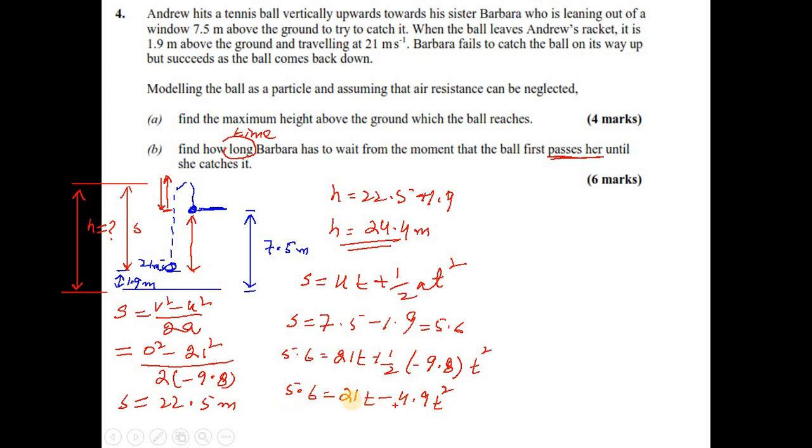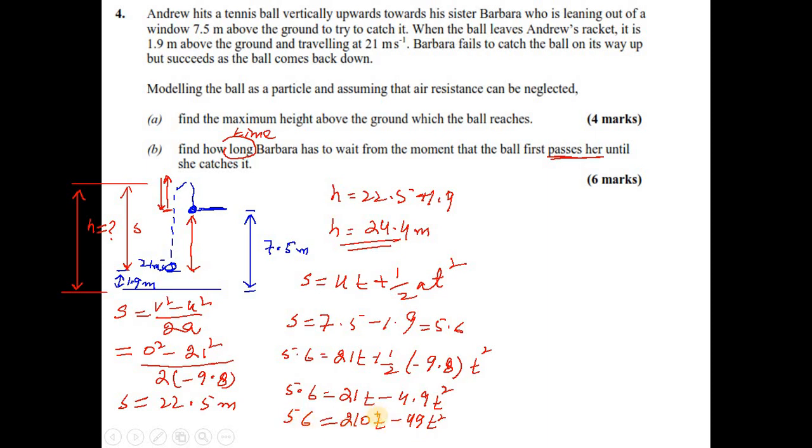And this equation is difficult to solve, but I can use the idea of factorization. If you multiply the whole equation by 10, you have 56 is equal to 210t minus 49t squared, and then you can take 7 common here.